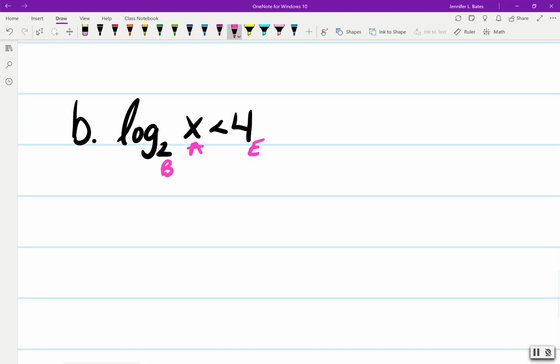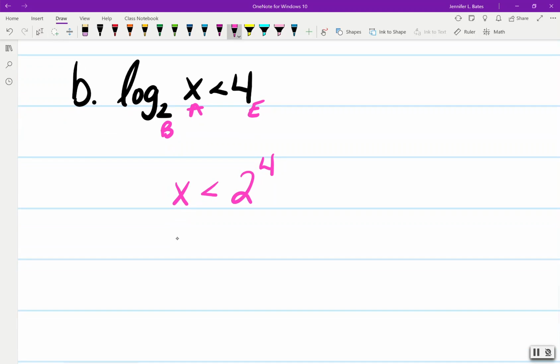In exponential form, I have a base raised to an exponent set equal to an answer, and when I put the answer over on the left, I'm allowed to drop down the inequality. So I have x is less than 16.